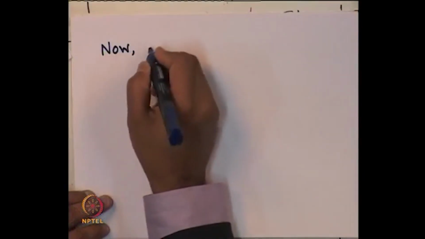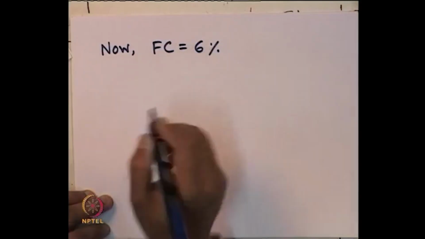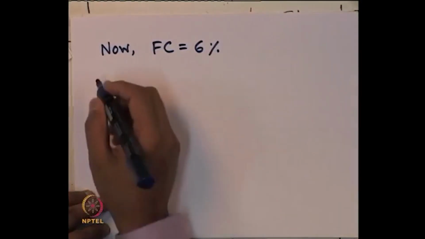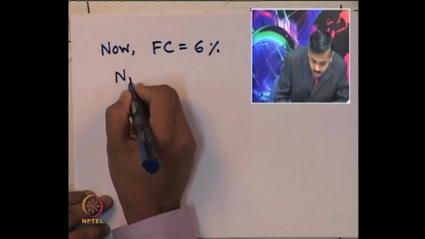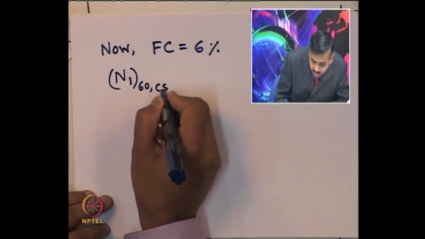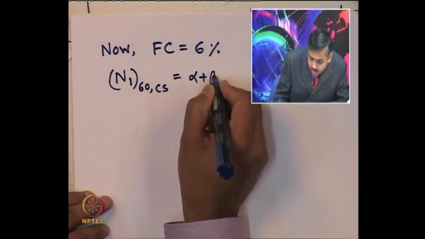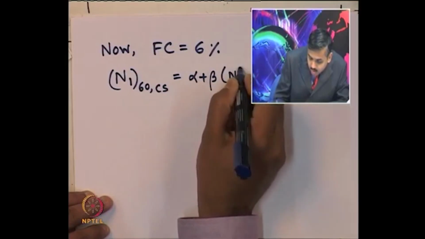So, let us see what should be that correction. Fines content is given to us as 6% in the problem, whereas the corrected value of N160 clean sand is expressed as alpha plus beta times N160.